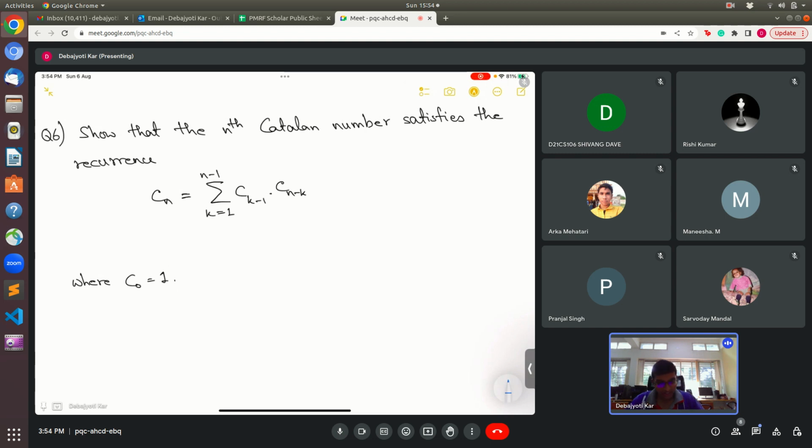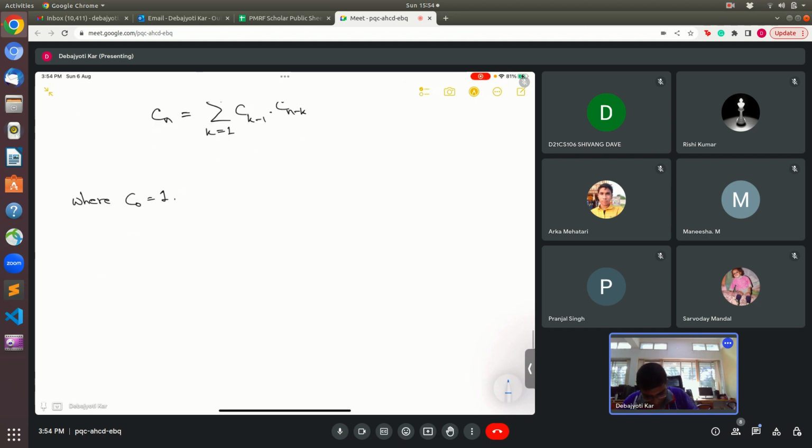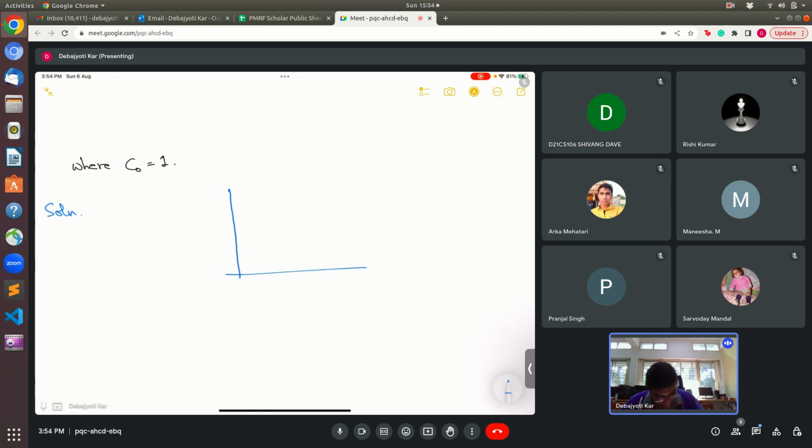The one which sir covered in class was this. Suppose you have this n cross n grid, or let's say you have 0, 0, the line y equal to x, and the point n, n here. Suppose you want to go from 0, 0 to n, n without crossing the line y equal to x.